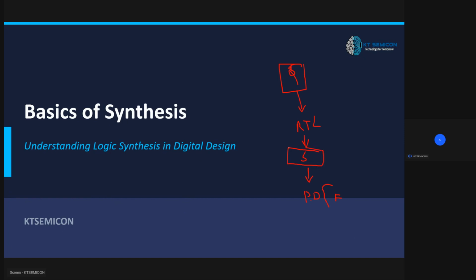So what is this particular step going to perform in this complete ASIC flow? We'll discuss.